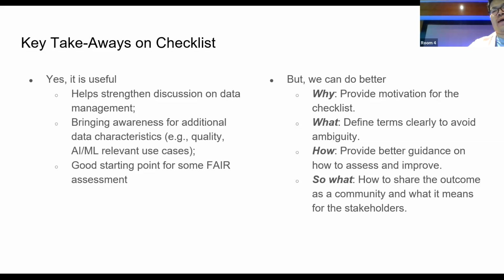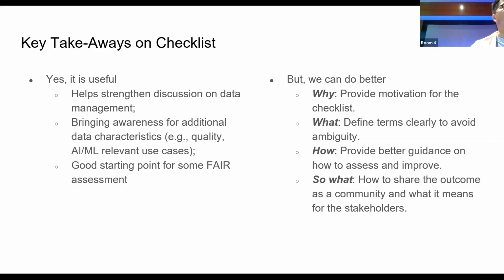And the how part is how to provide better guidance on doing the assessments and the data set improvements. And the so what question: how can we share the outcomes of the assessment results? Because if you go through the entire checklist, that's about 40 some questions, and then you have a spreadsheet. How do we turn the assessment results into something that's useful both for the data centers as well as for the users who are using those data?